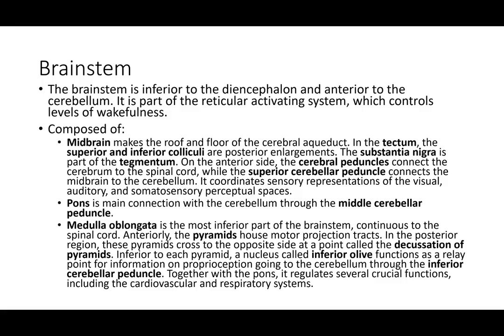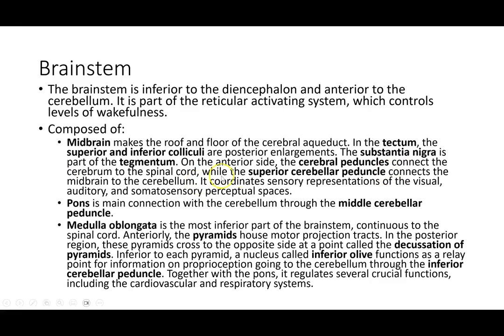All right, moving on to the anterior side, the cerebral peduncles. These connect the cerebrum to the spinal cord, really important for that integration between brain and spinal cord. And then we have the superior cerebellar peduncle, which connects the midbrain to the cerebellum.